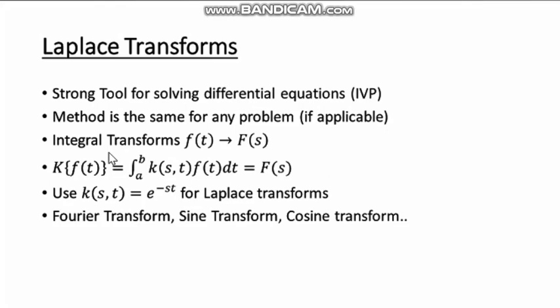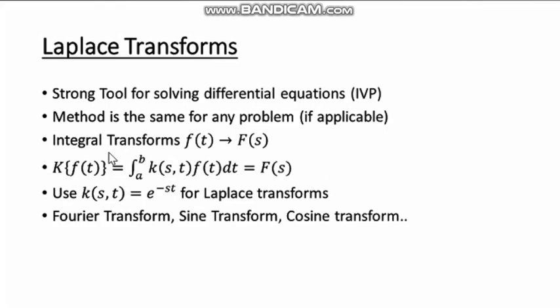For integral transforms we use the notation K. K is a transform. Transform means something which transforms one object to another object. This K acting on f of t will give you a function of s. How it is done is like this: you take the function f of t and multiply it with a function K of s, t. That is, K is a function of two variables, s and t.